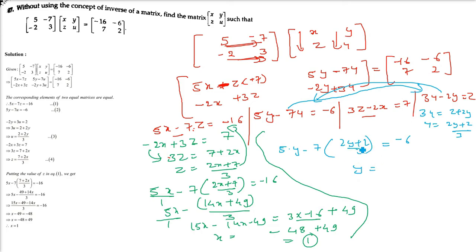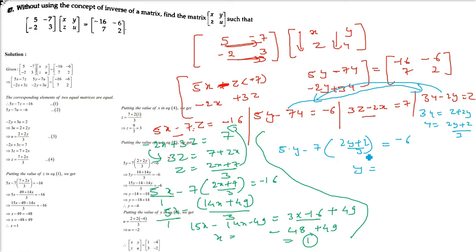I'm directly writing the value of y here. As I said, z was 3, x was 1, and y is equal to minus 4. For x equals 1, 5 into 1 minus 7z equals minus 16, so z equals 3. Here also y equals minus 4. Now put it in this equation or this equation. So what do you get? This is 2y plus 2.